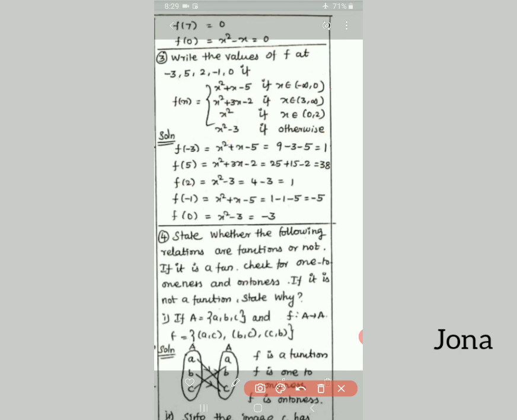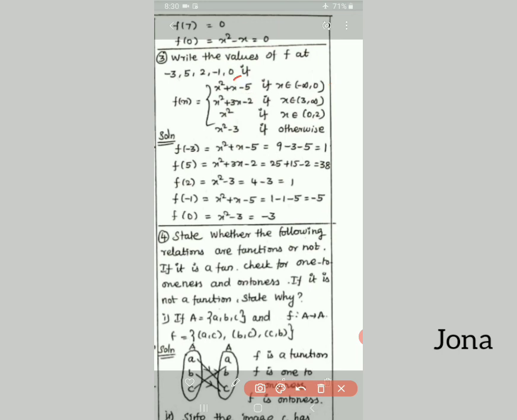And the next one, here I want to find for minus 1. That minus 1 is included in the interval here. So I can take this function for the calculation. Instead of x, I substitute minus 1, so that I got the answer minus 5. The next one, I can take 0.